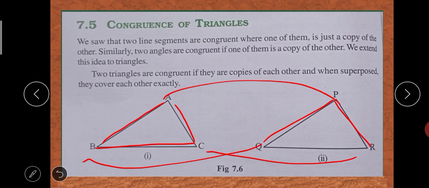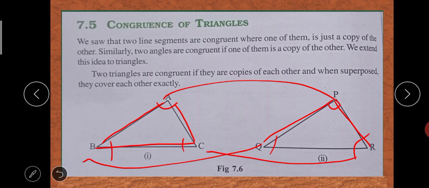Now, which are the corresponding angles? When we place, we find angle A and angle P, angle B and angle Q, angle C and angle R. These are the corresponding angles.